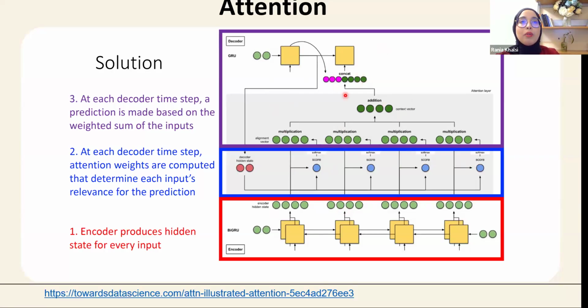output. Somehow here we perform some concatenation or combination, I would say, of the obtained result.